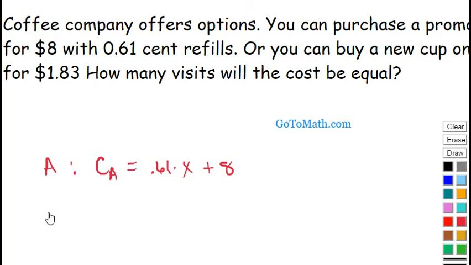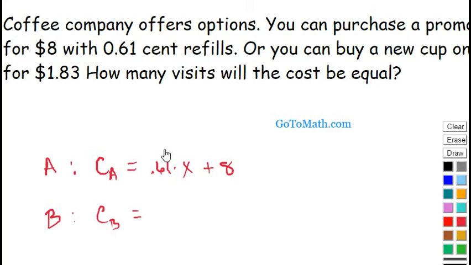And then the other option is just to buy a cup of coffee. The size of the coffee does kind of matter, but I left that out to simplify this problem down, so we'll just say they have one size.